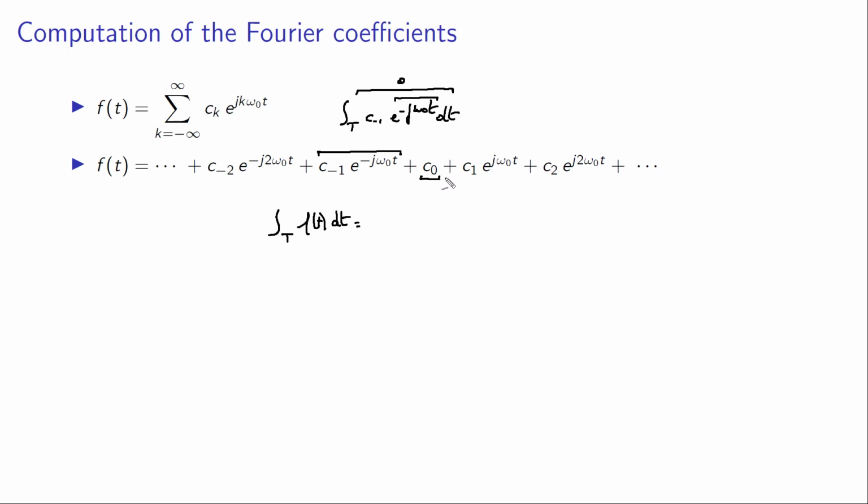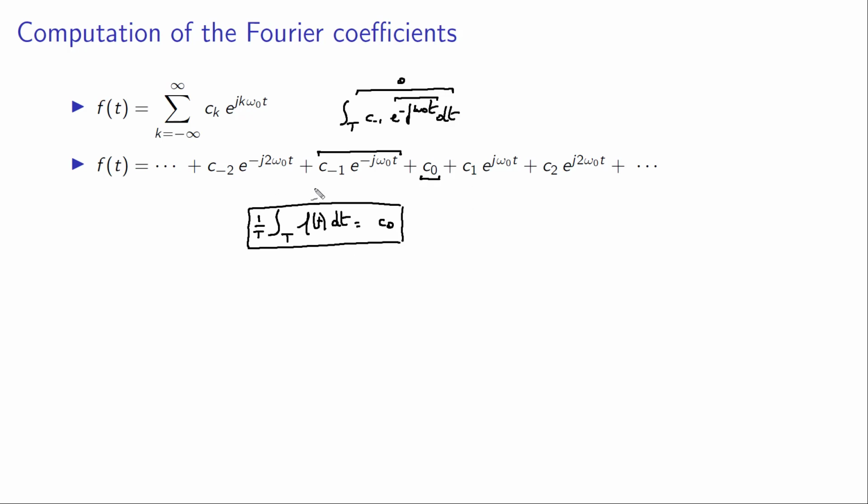So there will be one non-zero contribution, and it will be the integral over a period of this constant. And this obviously will simply be C0 times T. So instead of writing the T over here, I'll bring it to the other side, so then you have 1 over T over here. And as we had expected, C0 is the average of the function over a period.